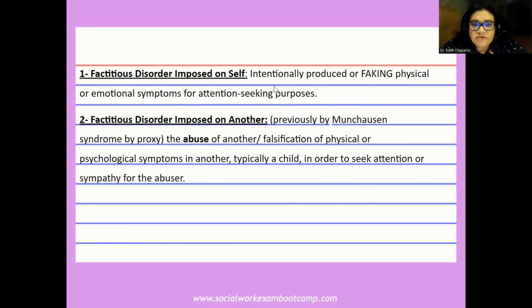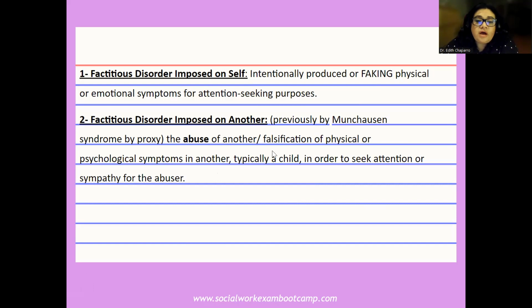So basically these clients are faking some type of emotional or physical symptoms, and it's only for the purpose of attention. Now, factitious disorder imposed on another was previously called Munchausen syndrome by proxy in the DSM-4. However, since it's a pretty well-known term, it's good to have it on the side in case they use that word, or for you to relate it to this diagnosis. So what is factitious disorder imposed on another?